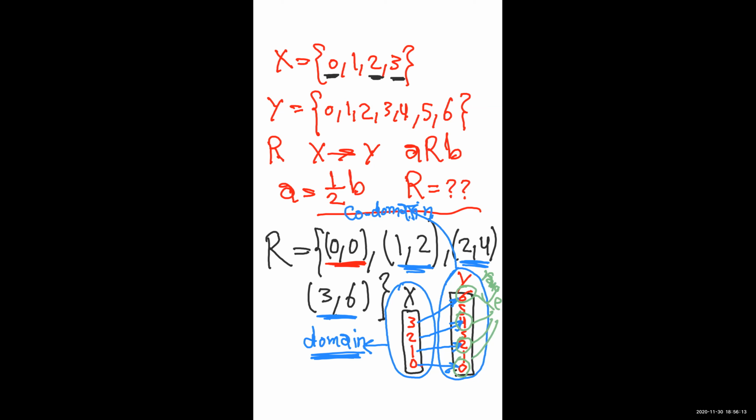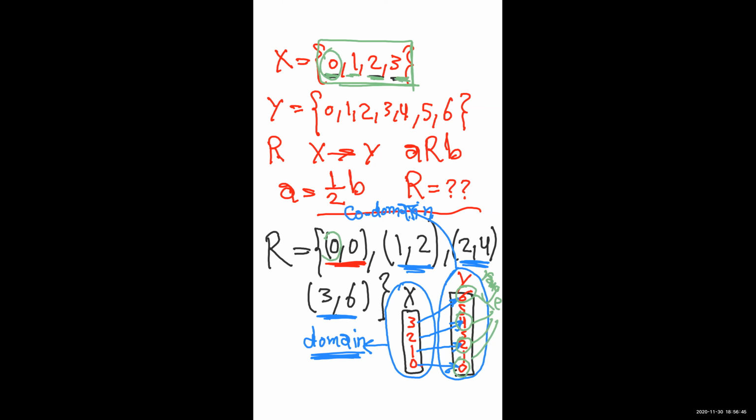Again, the relation from X to Y is said to be a function if each element of the set X appears only once as the first element, or the first projection, in the ordered pairs of the relation. So here in the ordered pairs, 0 and 1 and 2 and 3 are the elements of X. Here the first one is 0.